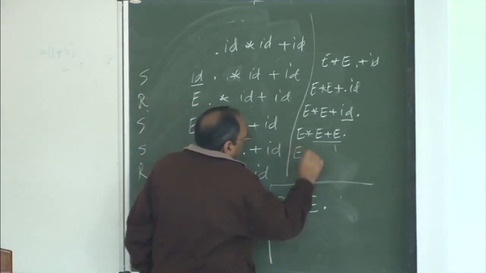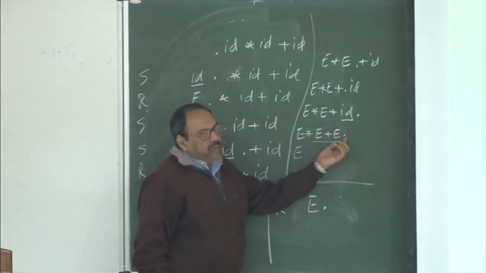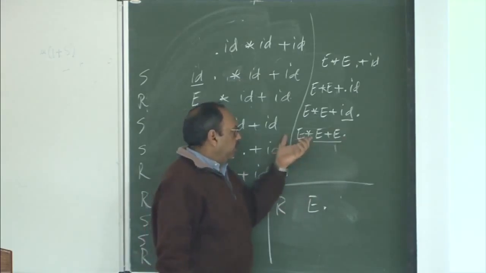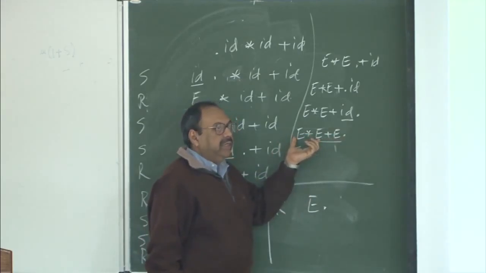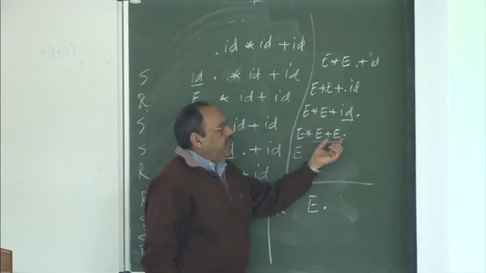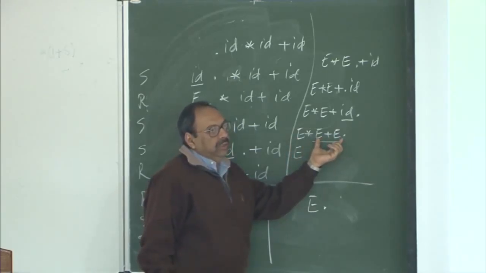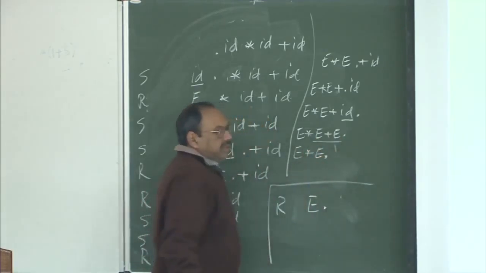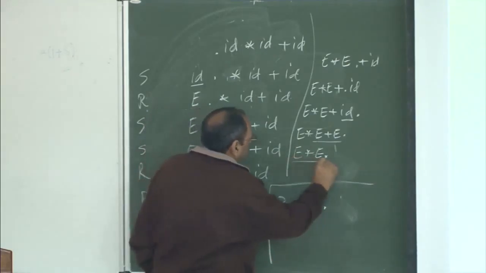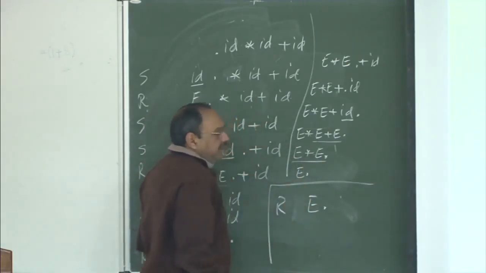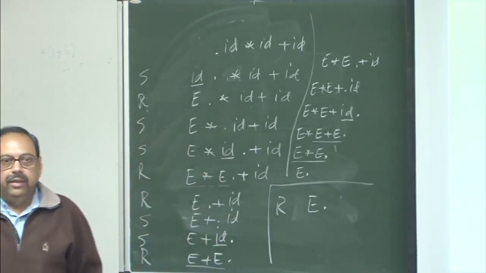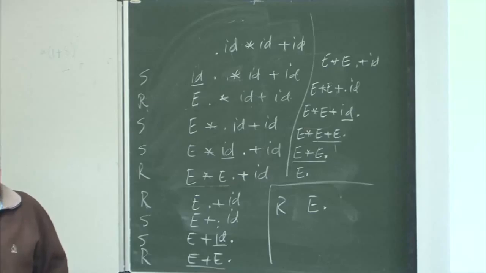And remember that matching I always want to do immediately starting on the dot position. So I will not find a string like E star E and match that, but I will always find a string which is immediately starting from left of dot. So this will give me this reduction, and then if I now do a reduce, that still gives me E dot. So I would have reached the same conclusion, whether I did a shift or I did a reduce.